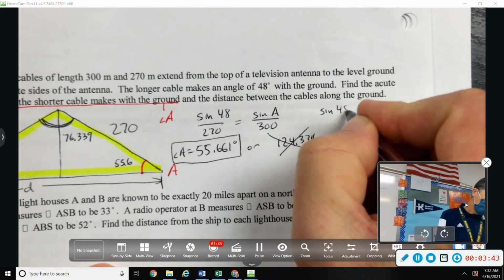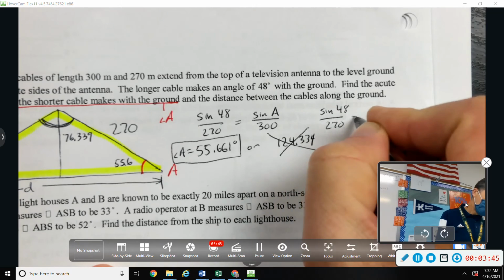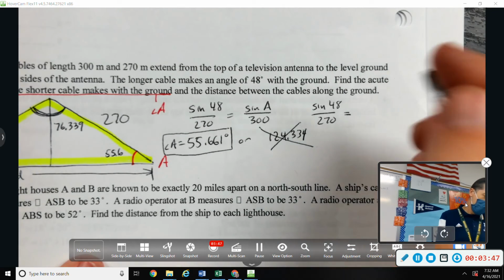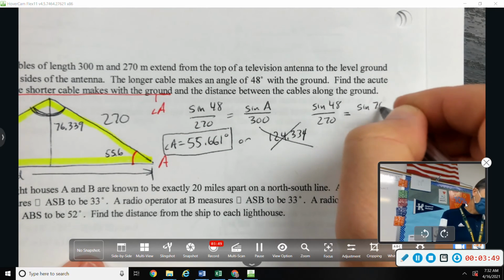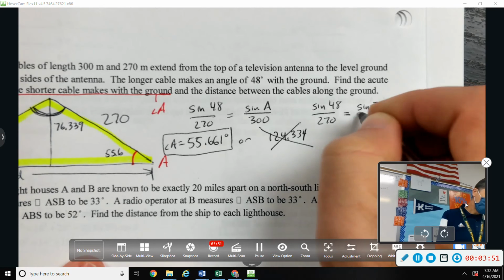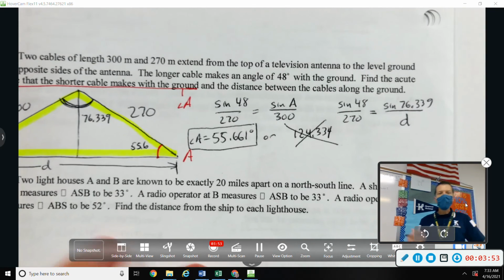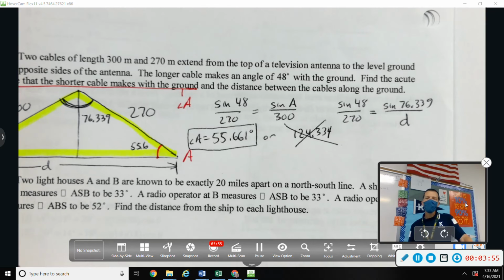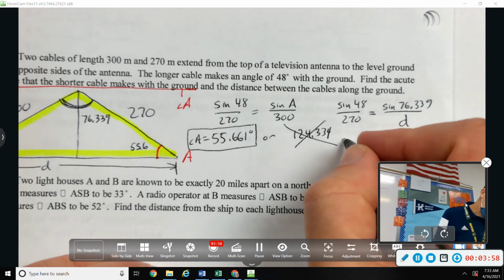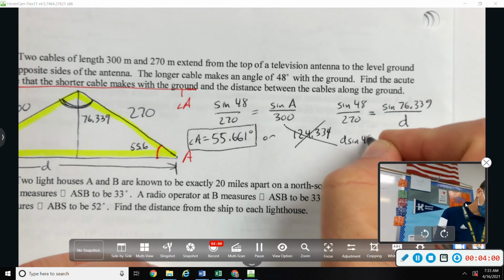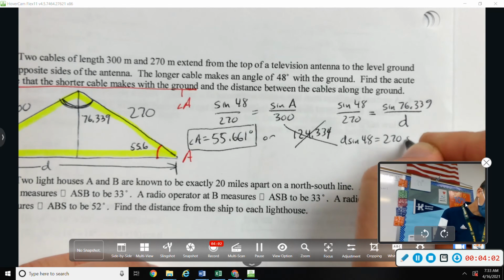So sine of 48 over 270 equals sine of 76.339 over D or X or L or whatever you wanted to call that distance. D sine 48 equals 270 sine 76.339.